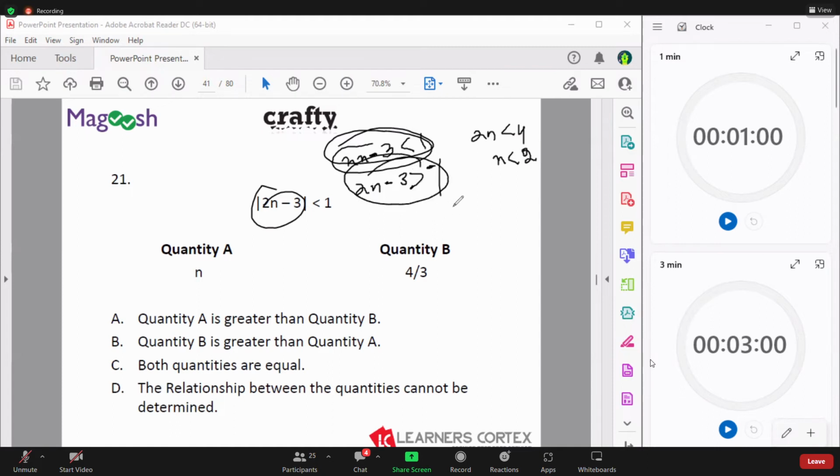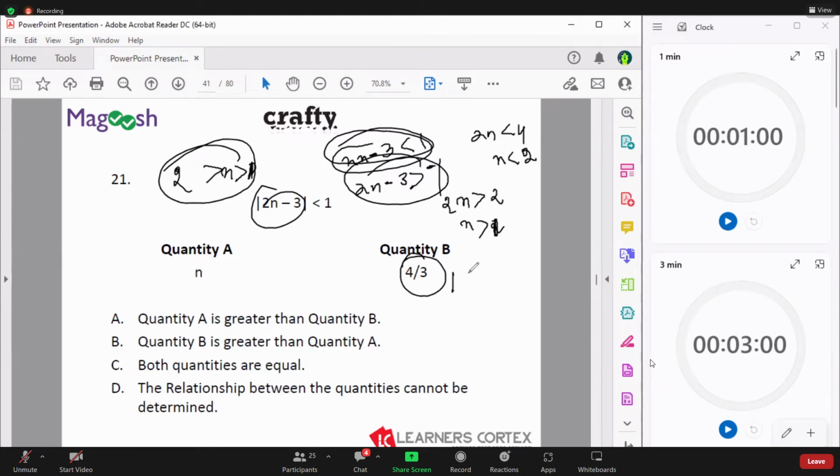And here, 2n is greater than 2 or n is greater than 1. So n is greater than 1 and n is less than 2. This is the range. 4 by 3 is 1.33 recurring. Now the value of n can be 1.5.